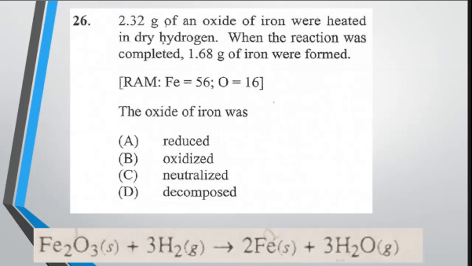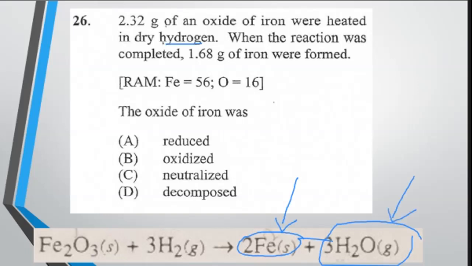The oxide of iron, Fe2O3, if you look at the equation, we react the oxide of iron, Fe2O3, with hydrogen, and it will give us iron as a solid plus water vapor.